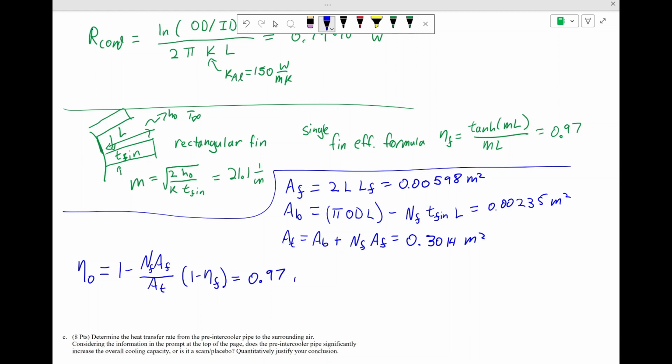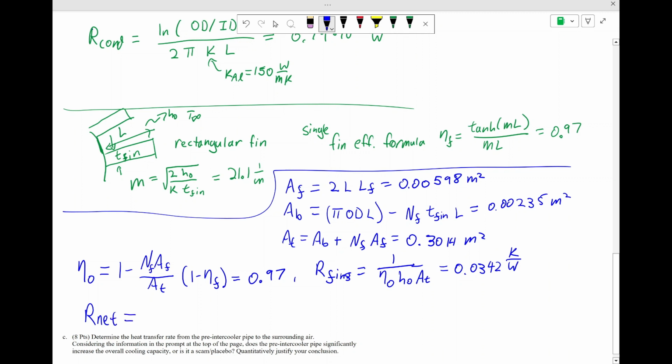So once we have that, then we can say that the total fin resistance, which includes both the convection on the outside of the fin, the conduction through the fins, and the directly convectively cooled base area, is just now going to be 1 over eta O, the overall surface efficiency, times HO times the total area of that fin surface. So that comes out to 0.0342 K per watt.